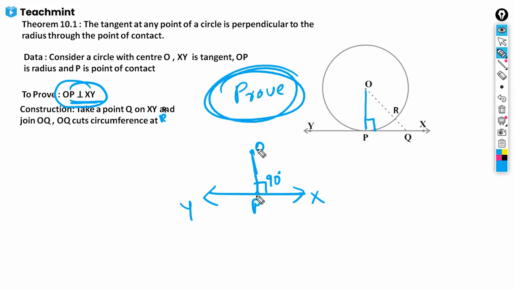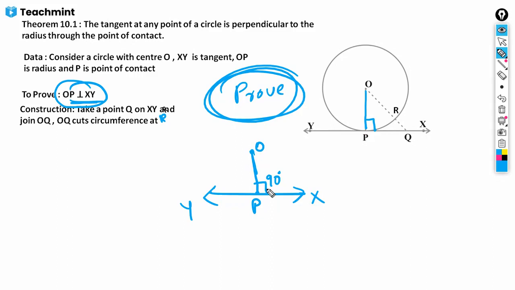So if OP is the shortest distance, then it is making 90 degrees. Are you getting my words?